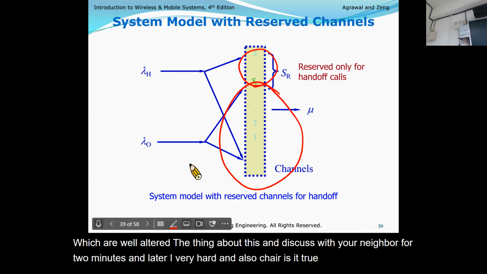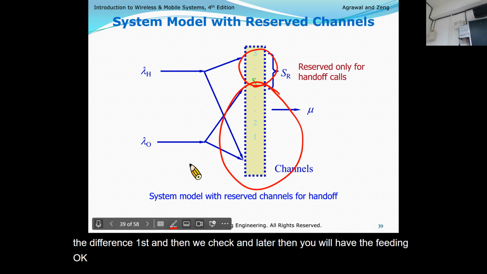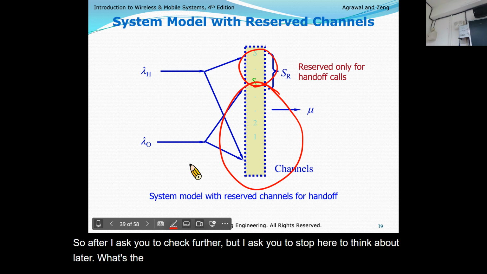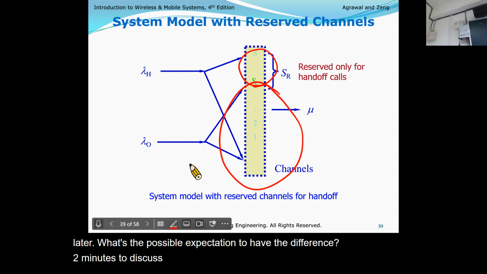So struggle to find the differences, and then we check. I didn't ask you to check further, but to start thinking about the possible explanation for the difference. Two minutes to discuss first. What do you think?